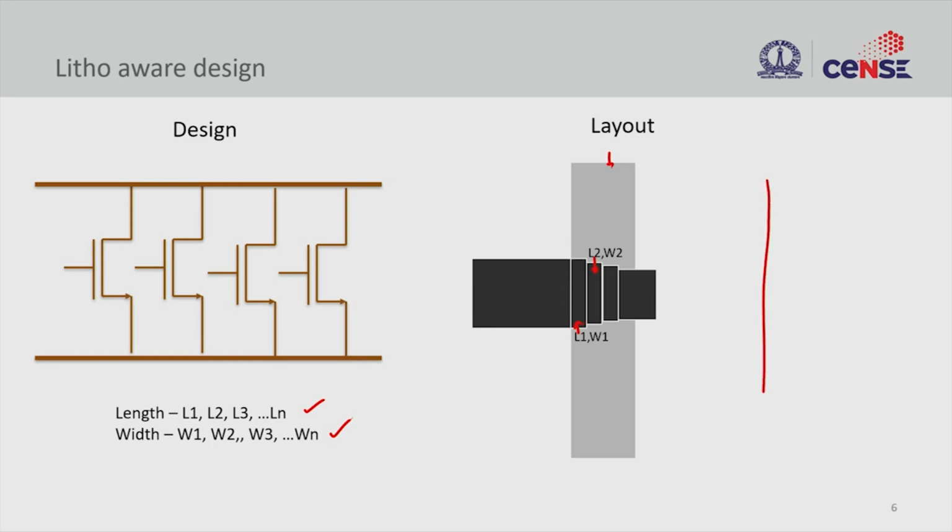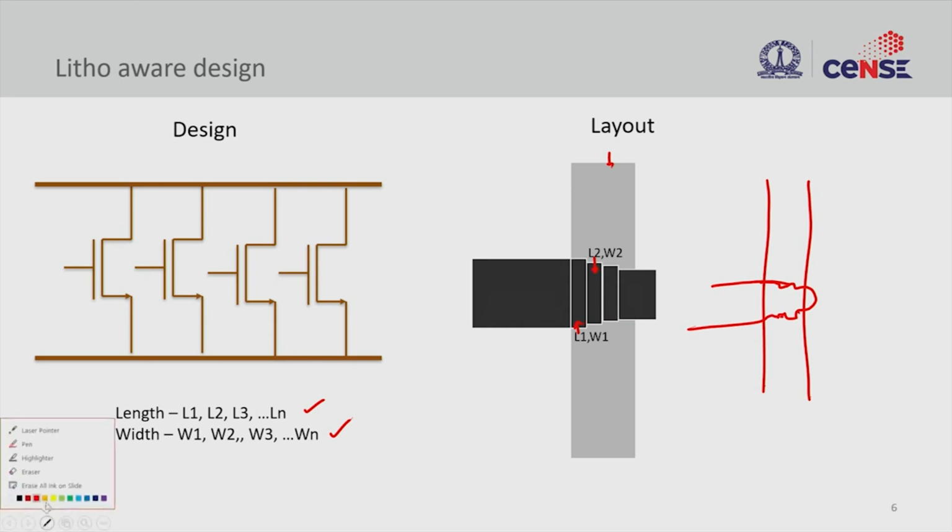But if we fabricate this, we know that we cannot have very sharp transitions, right? So it is going to give something like this. So here if you look at the designs here, let me draw this one, right?